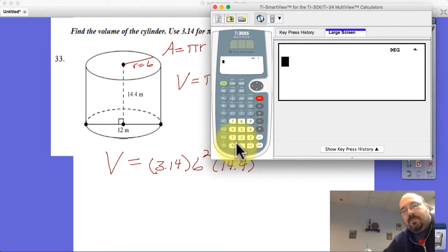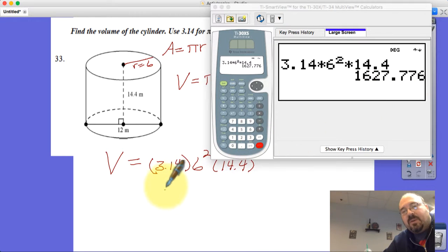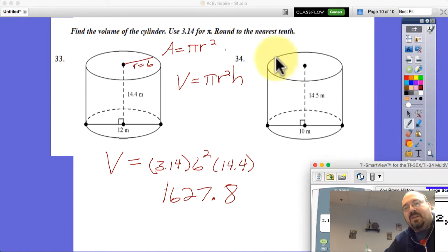So 3.14 times 6 squared times 14.4. And that's my answer. So I'll write that down. 1627.8 if you want to round to the nearest tenth, which is what they told you to do.